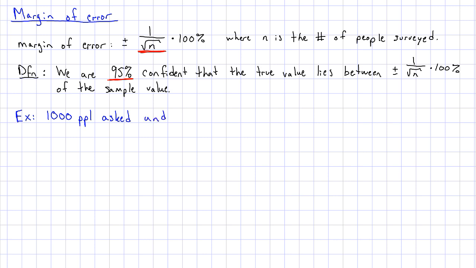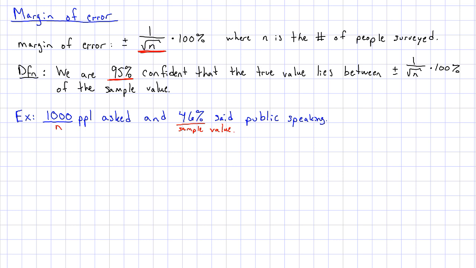And 46% said public speaking was the activity they were most afraid of. So I know how many people were asked. That's my n. And I have my sample value.